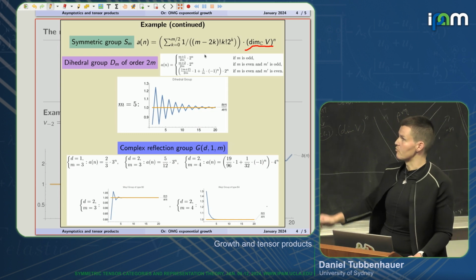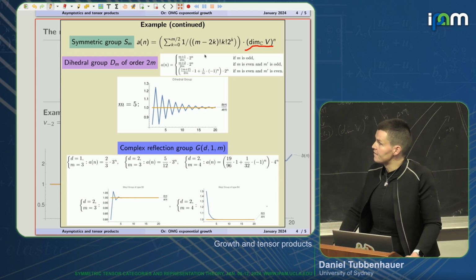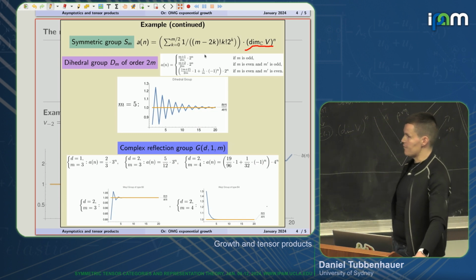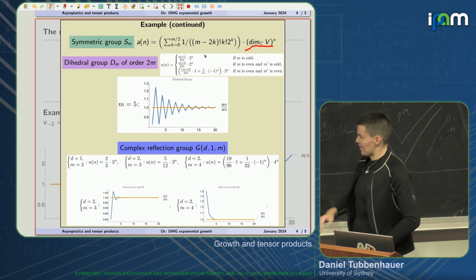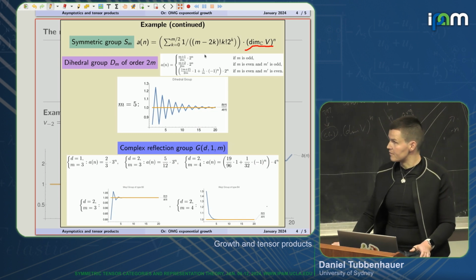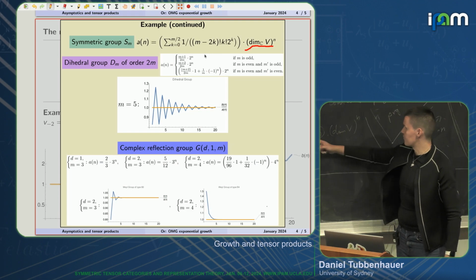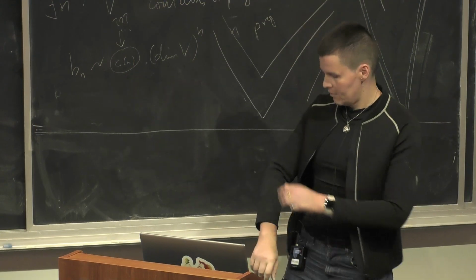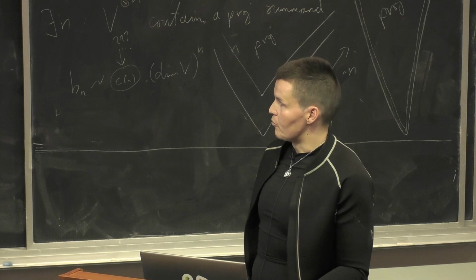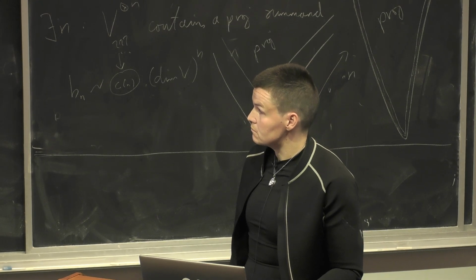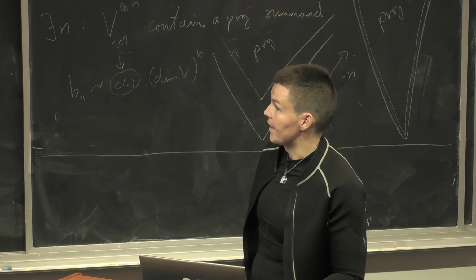So the only thing that depends on the representation itself is the scalar in front. And that's true in quite large generality. It's kind of fun that in this asymptotic formula, usually this factor doesn't really depend on the representation itself. And that's, for example, true for any finite group.